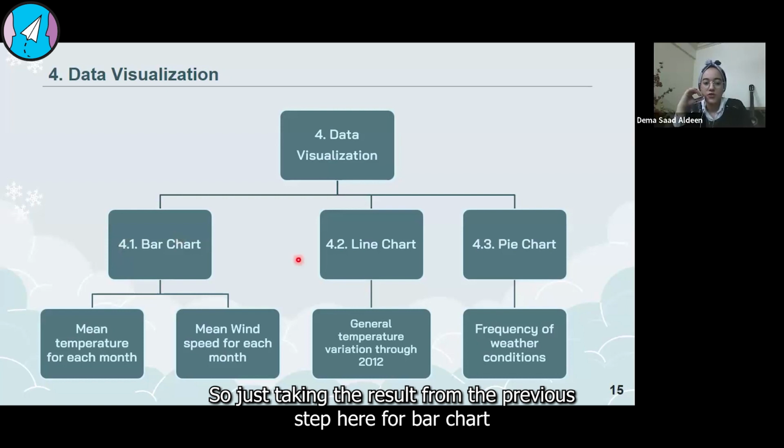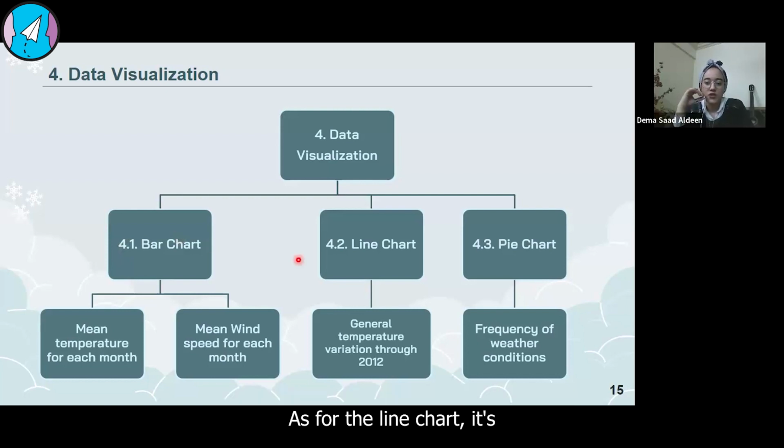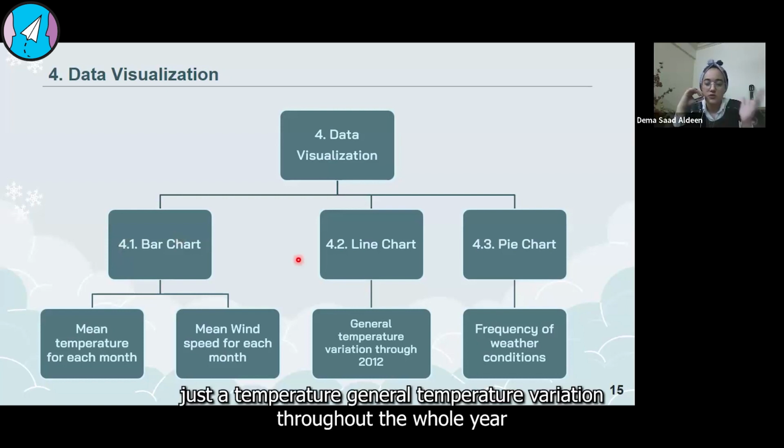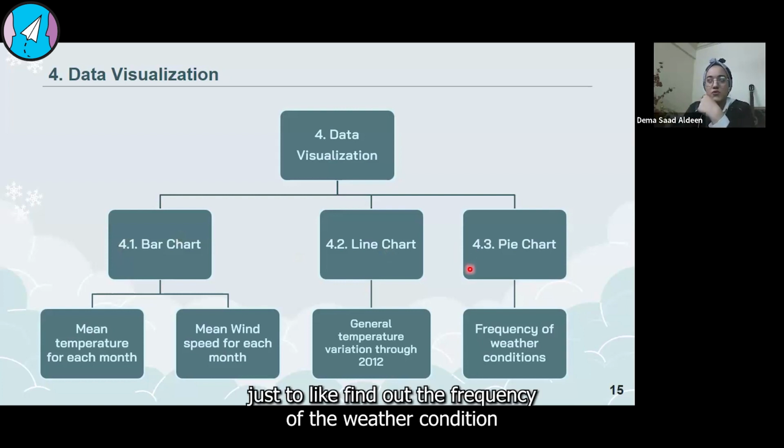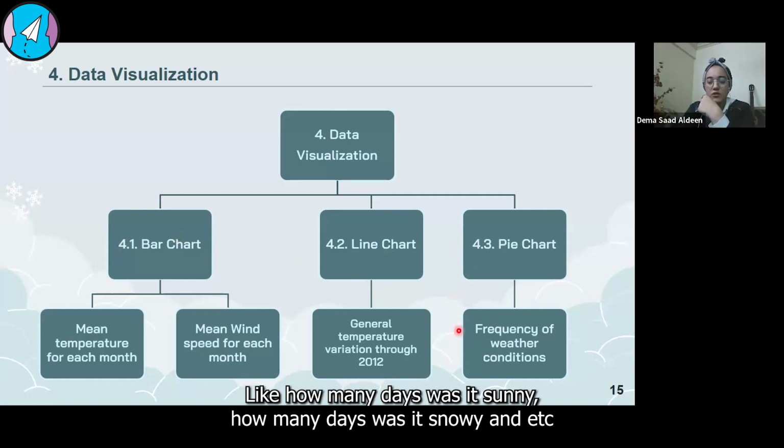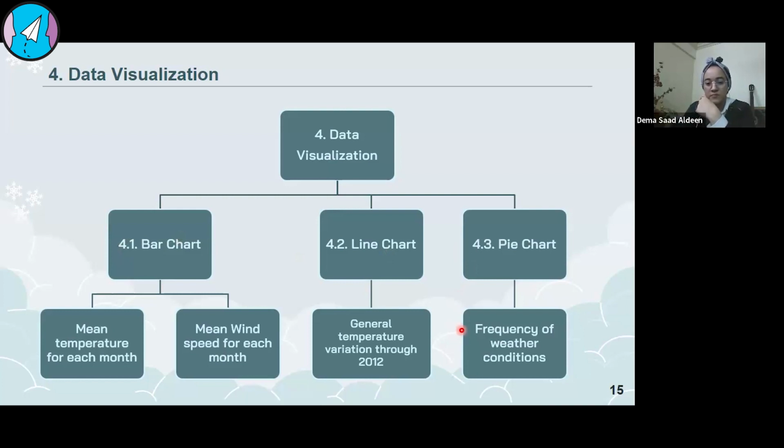As for the line chart, it's just the general temperature variation throughout the whole year. And for the pie chart, here we present a new idea entirely, just to find out the frequency of the weather condition, like how many days it was sunny, how many days it was snowy, and so on.